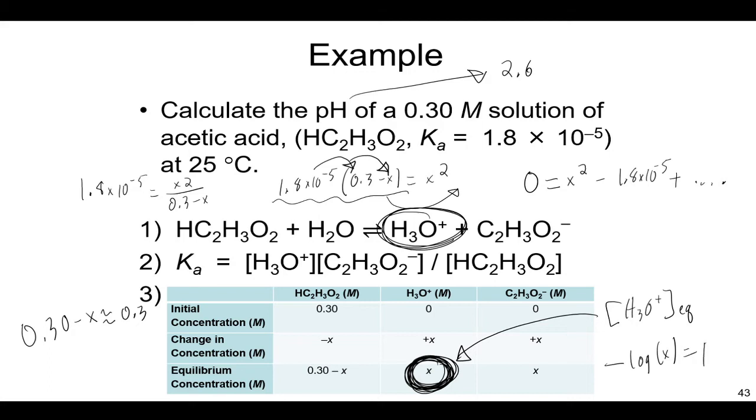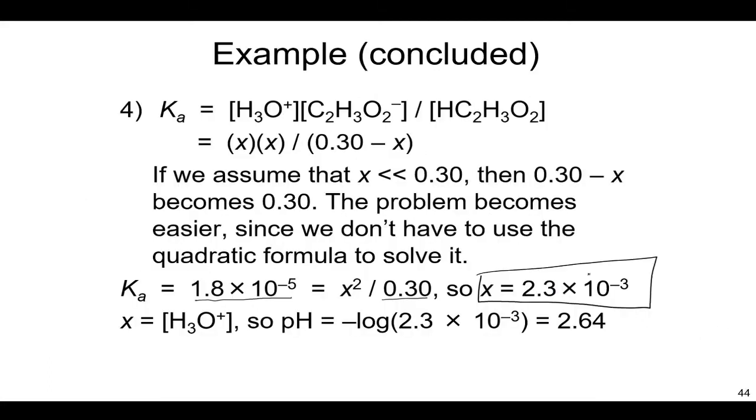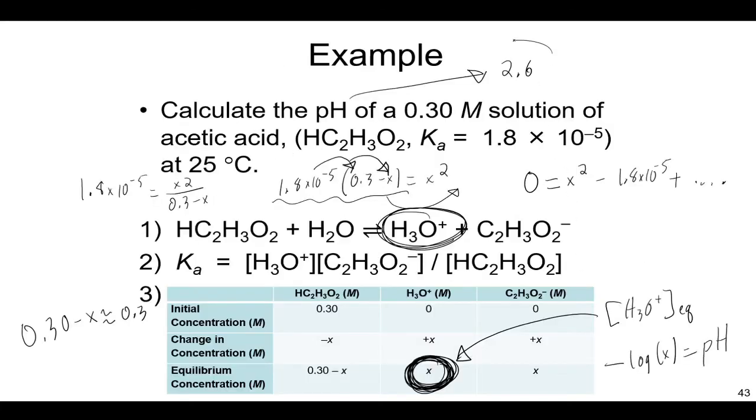That's our pH. That's what we're after here. And negative log of this number is 2.64, which is pretty similar to what we get from the quadratic formula. So it's usually a pretty good approximation in these weak acid dissociation problems to drop the x here in the denominator of this equilibrium constant or acid dissociation constant expression that you've set up.